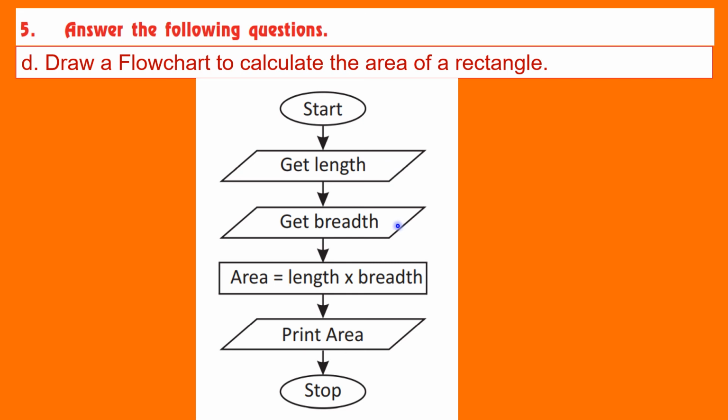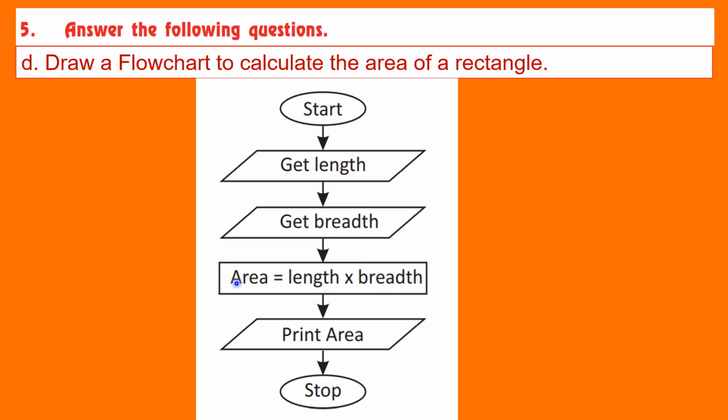Now after getting the input values, we need to calculate the area. So the formula for area is length into breadth. Now as you are already seeing, we have used a process box, that is a rectangle box here.